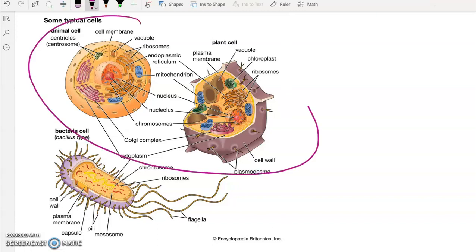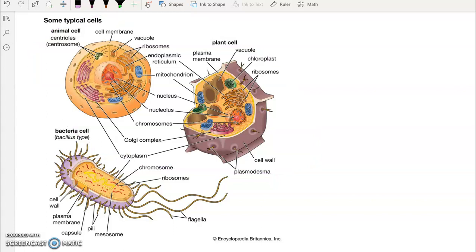So these two cells right here, a plant cell, which is what plants are made up of, and an animal cell. These are both eukaryotes. So these are cells that have a nucleus. The nucleus is the structure that you can see in the middle, and that's where the DNA is going to be found.